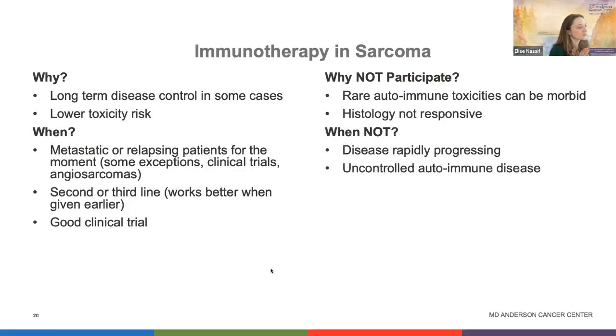So one of the reasons when you should not do immunotherapy, first of all, is if you have an uncontrolled autoimmune disease. As I was saying, there are rare autoimmune toxicities. The goal of the immunotherapy is to reactivate your immune system against the tumor cells. But in doing this, it's going to reactivate most of your immune cells, and if there is an underlying autoimmune disease, it can get reactivated.